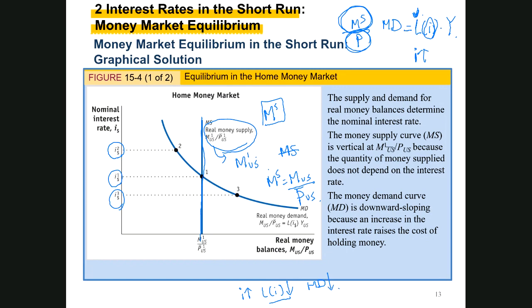Remember that interest rate is the cost of holding money. The cost of holding money.